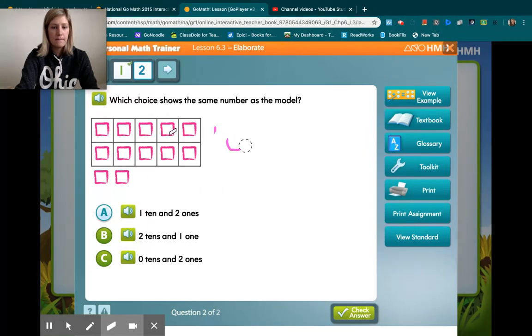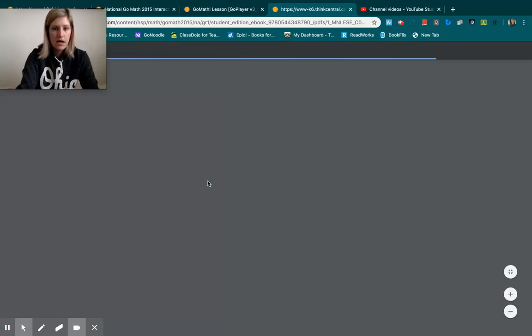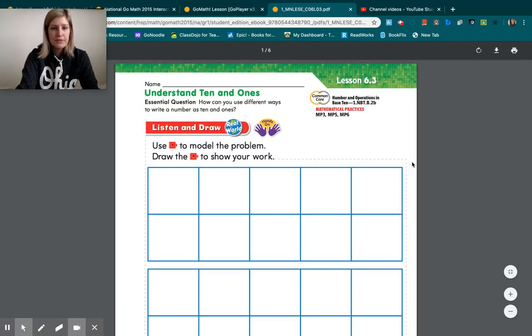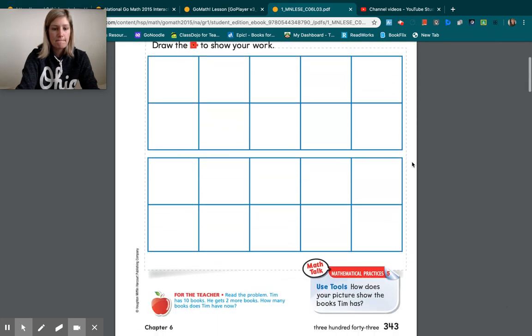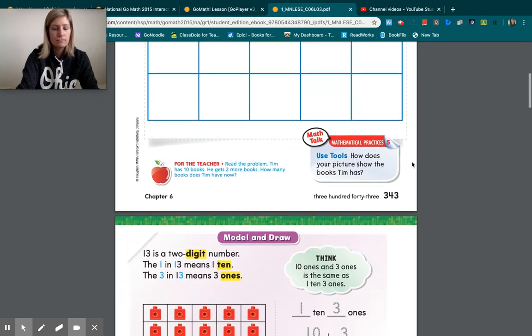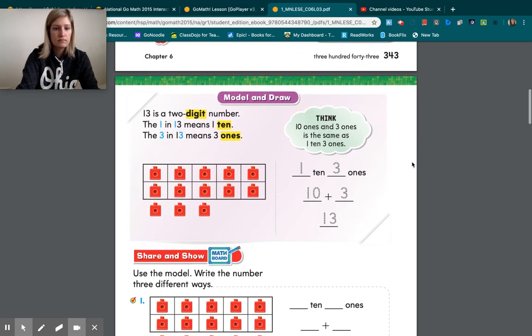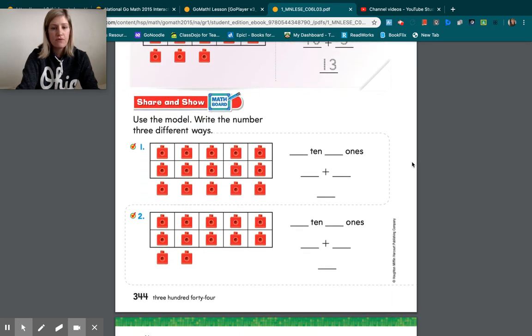All right, so you guys are going to today be working on some pages in your workbook, and I'm going to show you just to get you started. But you're going to be working on these 3 pages. Page 343, page 344, and look, here you're going to be doing the same thing that we did together.